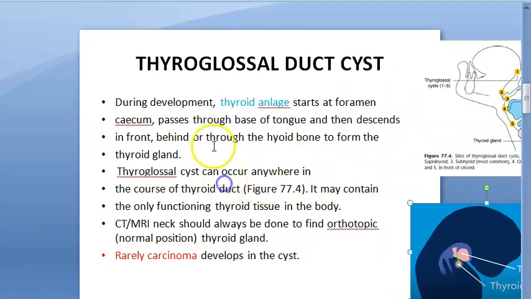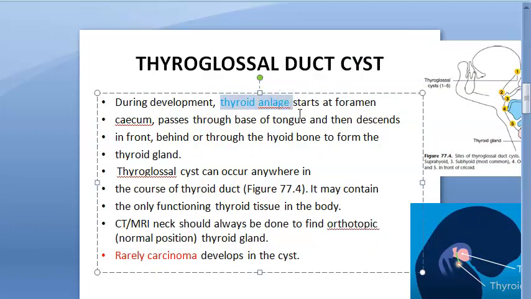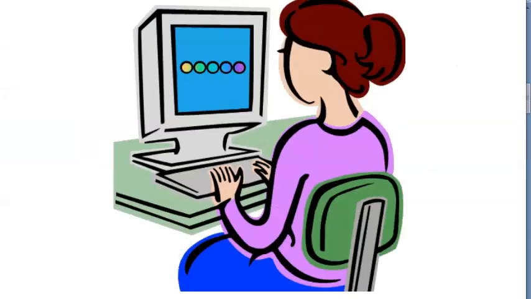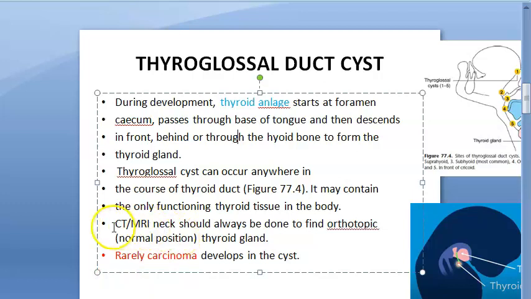This is the thyroid anlage, it descends, right? And whichever duct is left can have a cystic mass, a fluid-filled one. The cyst itself can have the thyroid gland also. You should be very careful. So a CT or MRI should be done to find the orthotopic thyroid gland, the normal position thyroid gland. Rarely this can go into carcinoma, rarely, okay?